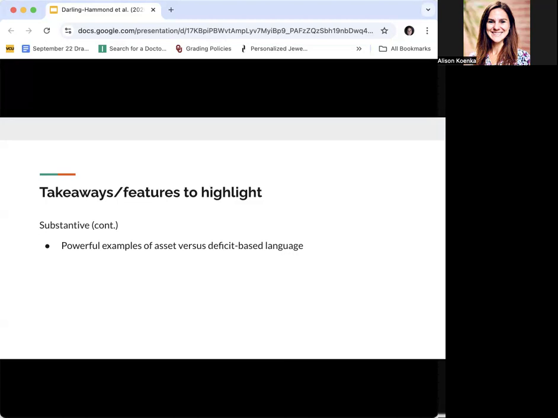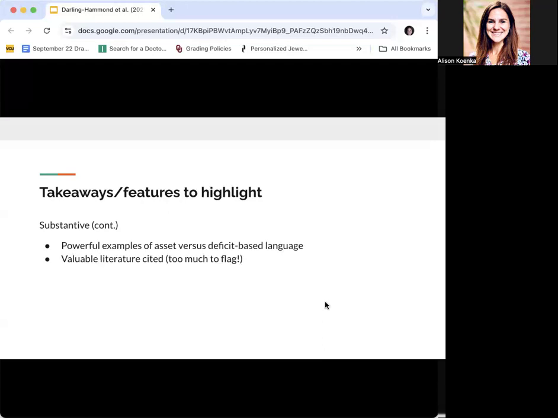And this is exactly what we were talking about last week when we introduced the idea of an asset-based approach to research, and particularly in this case, an asset-based approach to educating students, really centering and anchoring education in the strengths of students and other populations rather than in what might be perceived as what these populations are lacking, or deficits. That, on the flip side, reflects much more of a deficit-based perspective.